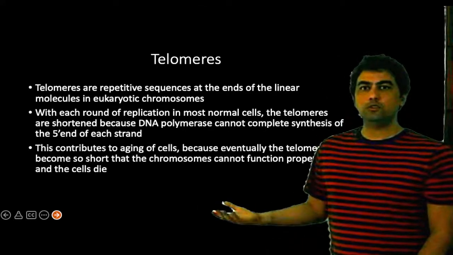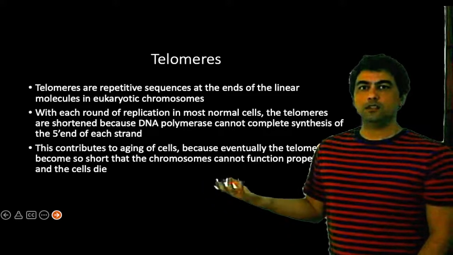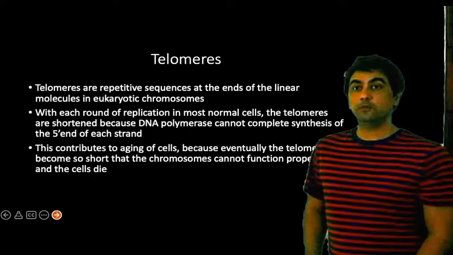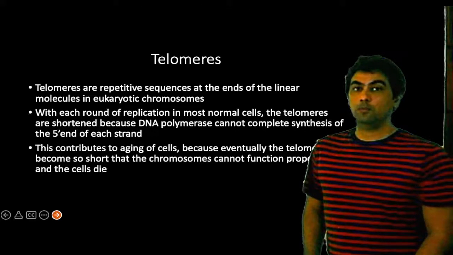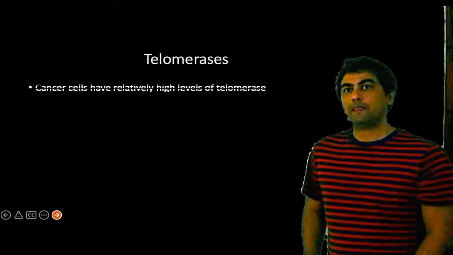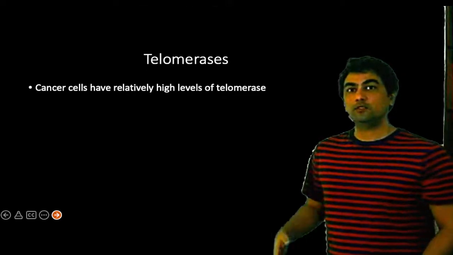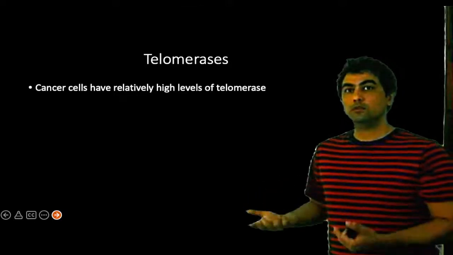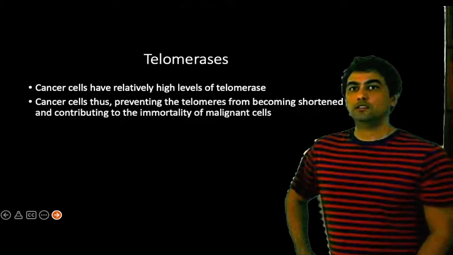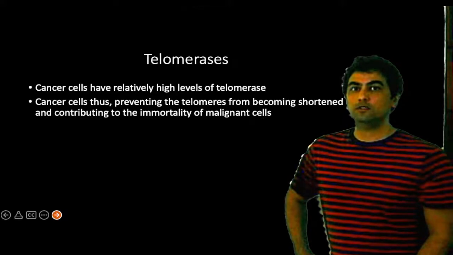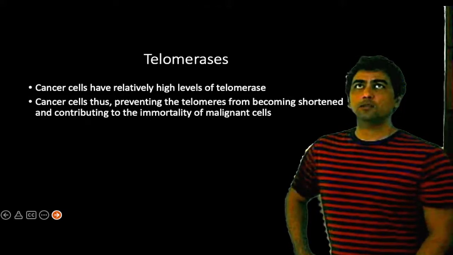This contributes to aging of the cell, because eventually the telomeres become so short that the chromosome cannot function properly and the cell dies. Cancer cells have relatively high levels of telomerase to synthesize new telomeres. Cancer cells thus prevent the telomeres from becoming shortened, contributing to the immortality of malignant cells.